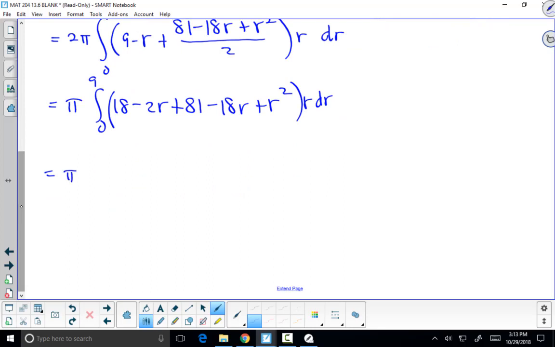Okay, so what do we end up with? Let's distribute that r also. Square first, let's make that r cubed. Linears minus 20r squared. Constants 99.